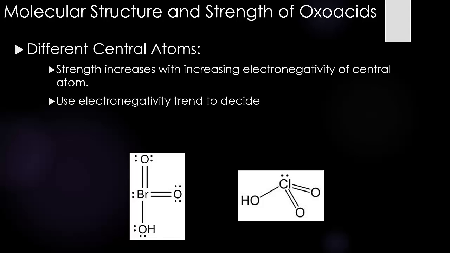However, since chlorine is more electronegative than bromine, it pulls more of the electron density toward it than the bromine does, further stabilizing the negative oxygens. Because of this phenomenon, chlorate is more stable than bromate, making it less likely to bind to a proton from the surrounding solution, and therefore making chloric acid stronger, since more of the acid remains dissociated.